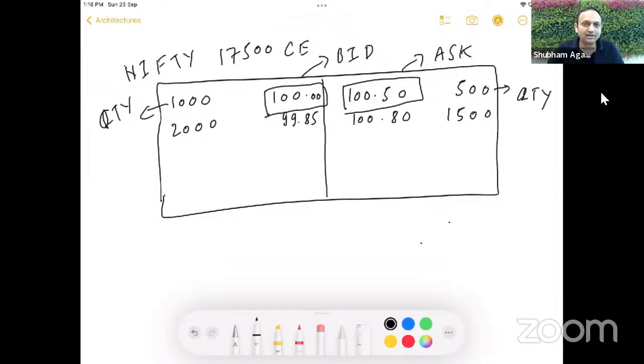If the order is getting bought at bid, it means that the buyer did not have conviction, and in fact the seller had conviction that it might go down, so he came and sold it at the bid price. Whereas when the trade is happening on ask, it means that the buyer has more conviction and is ready to buy at the ask price. Even though there is a 50 paise difference, he is ready to buy at the ask price.